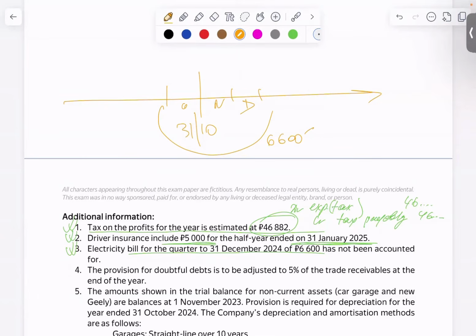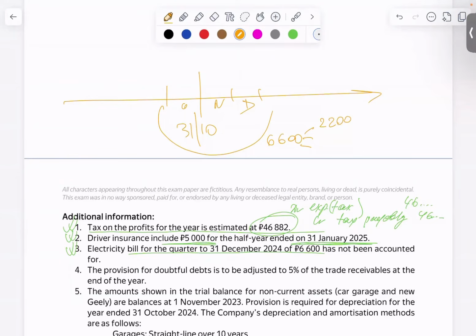So we just split this amount over 3 months, considering that only 2,200 should refer to electricity expense for the year which has just ended. And we have to add this 2.2 thousand of electricity to our electricity expense.